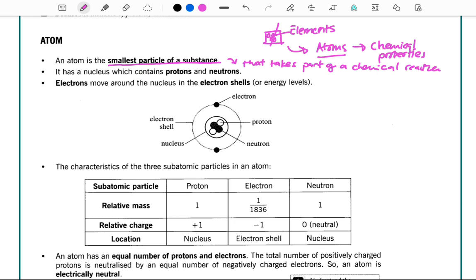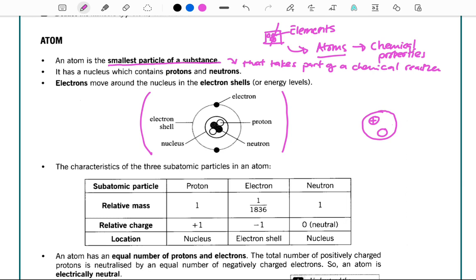So it has its own structure, which means that the structure which is here, we have to redraw. So firstly, we have our nucleus. Then in the nucleus, we have two particles that are involved. We have what are known as the protons, as well as what are known as the neutrons.